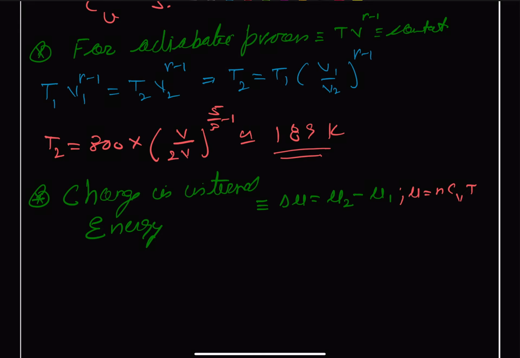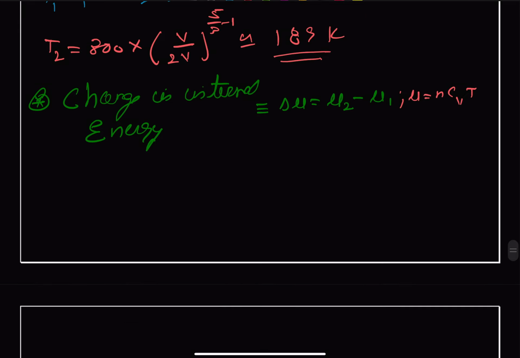Okay. So we can write delta U will be equal to, the number of moles will be the same in both cases, so this becomes N C of V T2 minus N C of V T1. So we can take N C of V as common, so this becomes T2 minus T1.